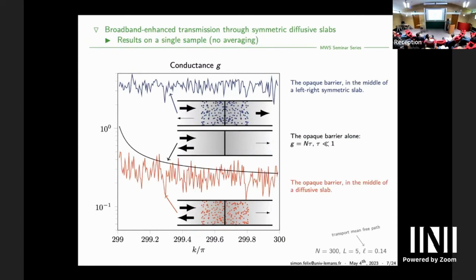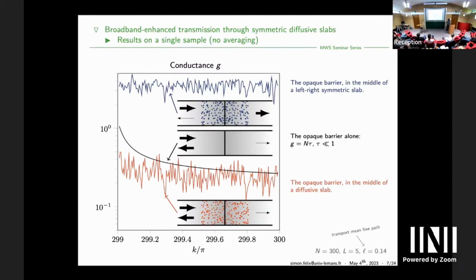Okay, so I go back rapidly to this plot, just to say that we play with the length of the slab, the length L of this slab. I know that if L is 0, I have the system with only a barrier.